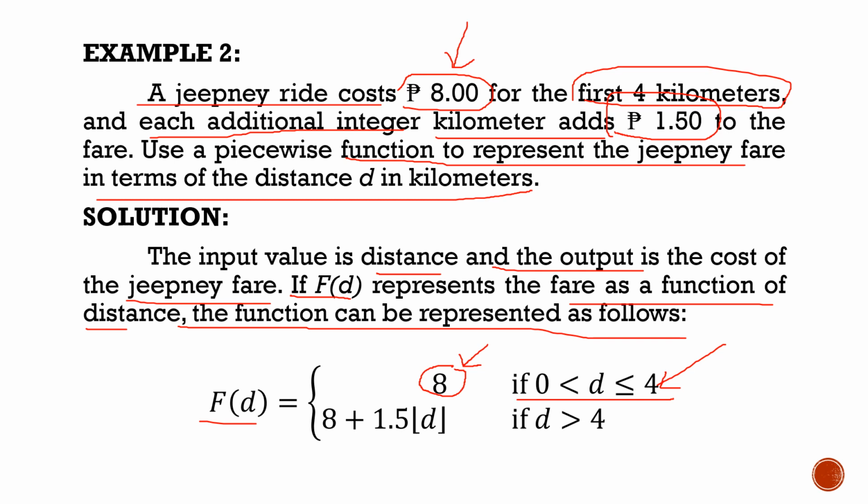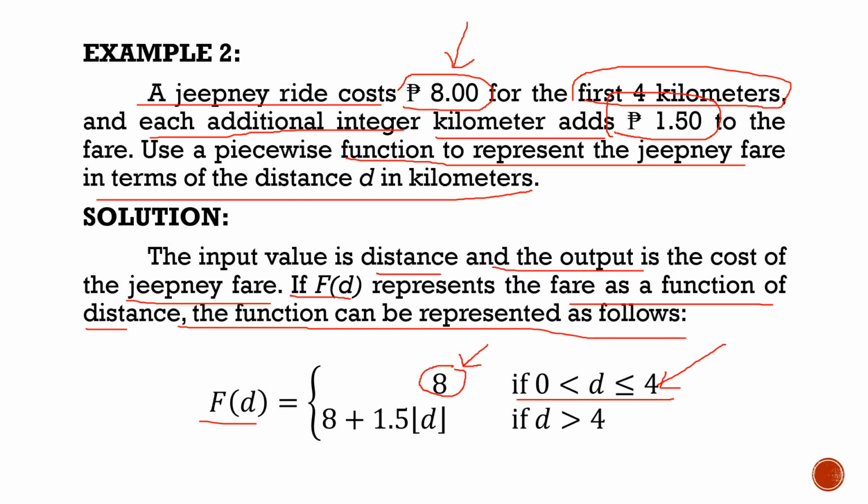If d falls between 0 and 4, or exactly at 4, then the fare is equal to 8 pesos, because 8 pesos is a fixed value only for the first 4 kilometers. Now, what will be the jeepney fare if the kilometers that we traveled is more than 4?